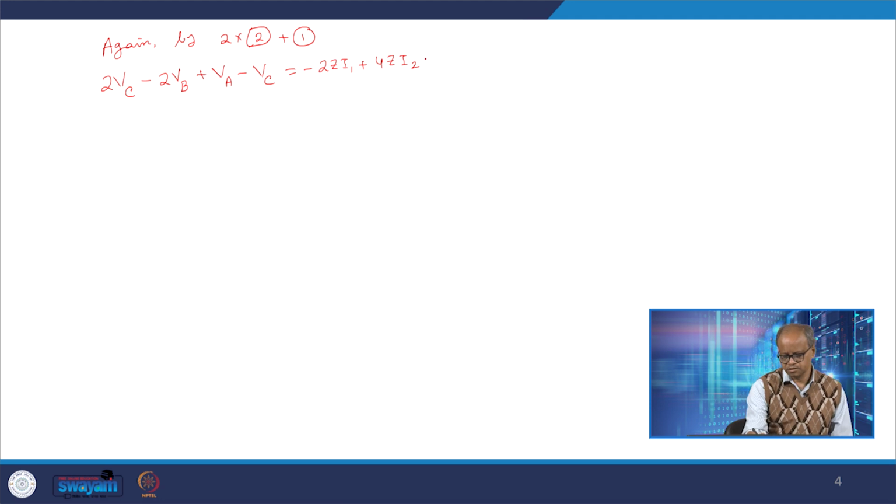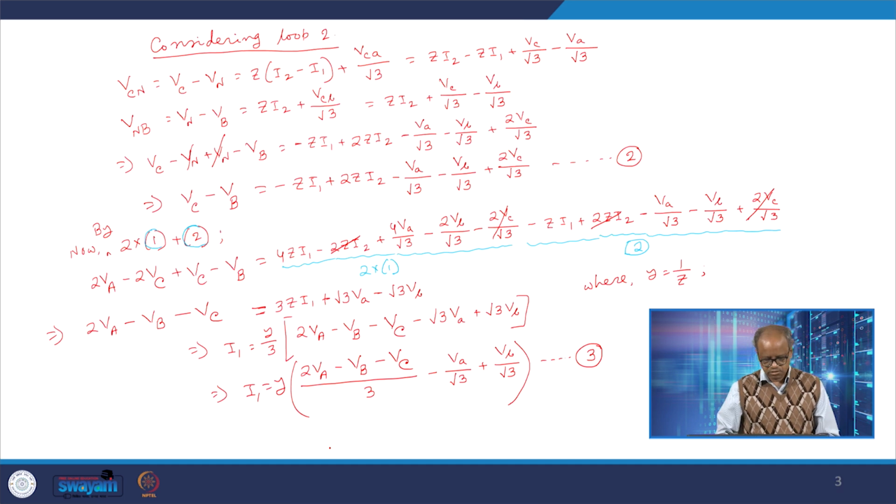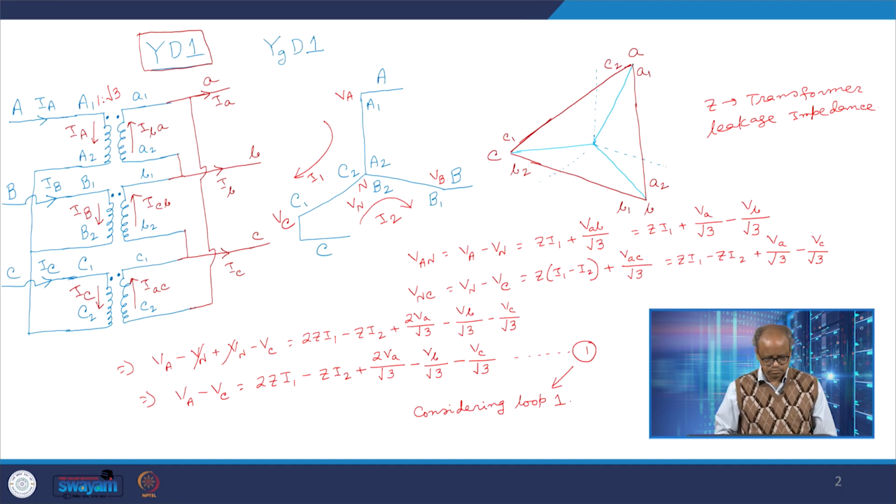So minus 2VA by root 3, 2VB by root 3, plus 1.